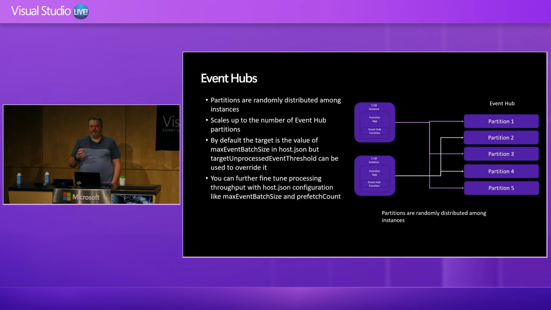But as soon as they updated their code to read a batch of events at a time per function execution, that throughput went off the hook, and they easily went over, I think it was 12,000, 16,000 that they wanted to achieve. So with event hubs, I would always recommend considering reading events as a batch. If you want to process messages one at a time, then that might be a better idea for a service bus queue, for example.